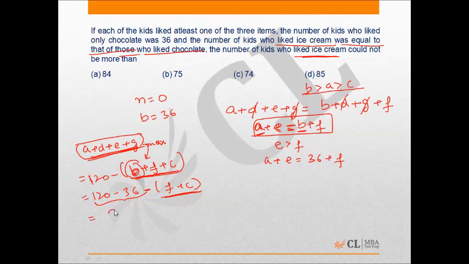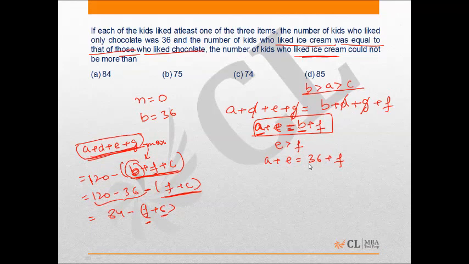So this will be 84 minus F plus C. So from here I cannot take this F plus C directly as 0. I have to check what could be the minimum value of C and F individually.